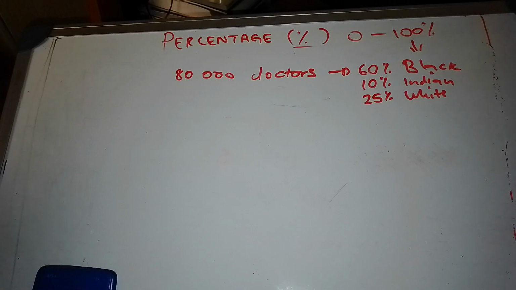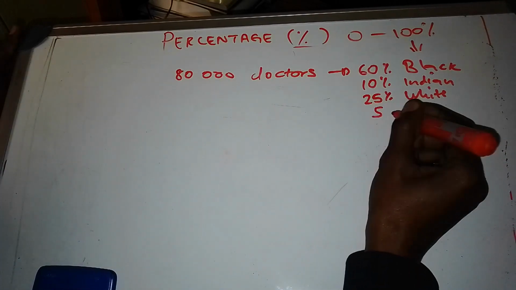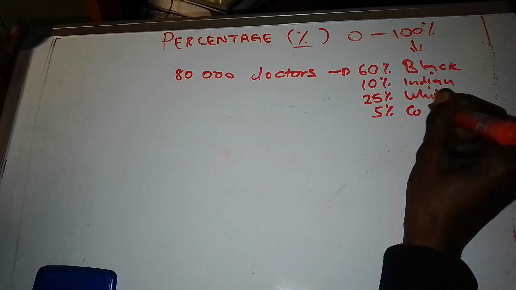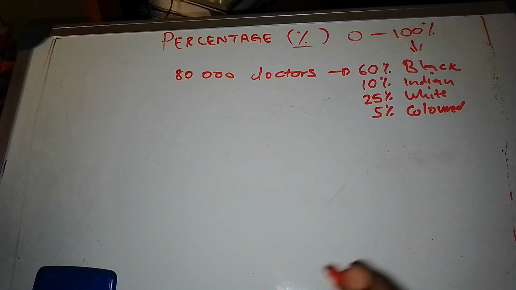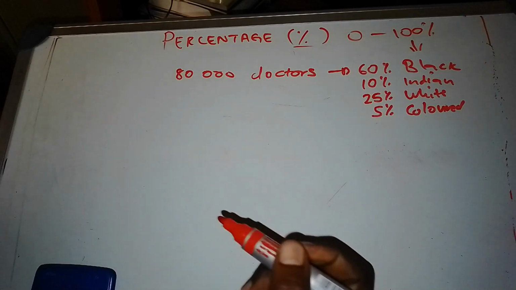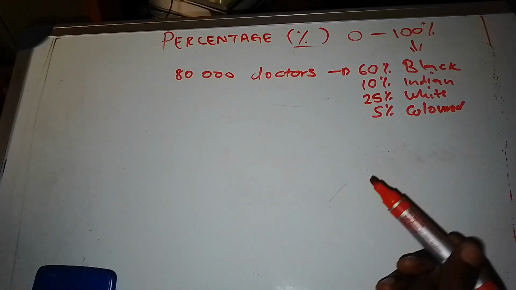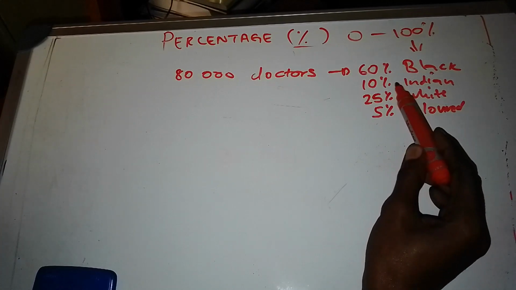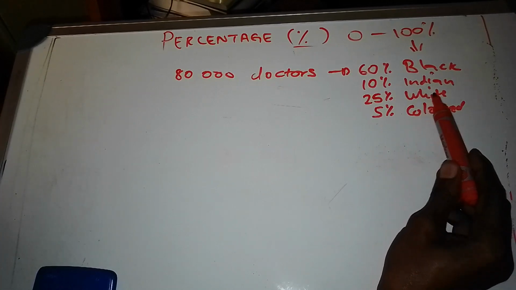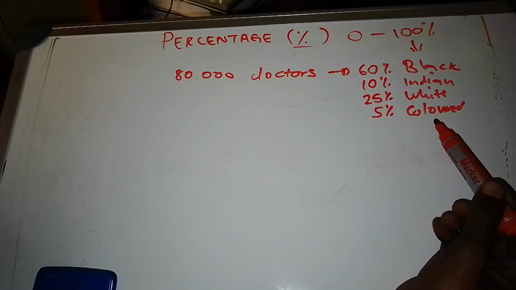So it's 15%. Oh, it's 5%. 5% is colored, right? Now they want to know how many registered medical doctors were black, how many were Indian, how many were white, how many were colored, right?